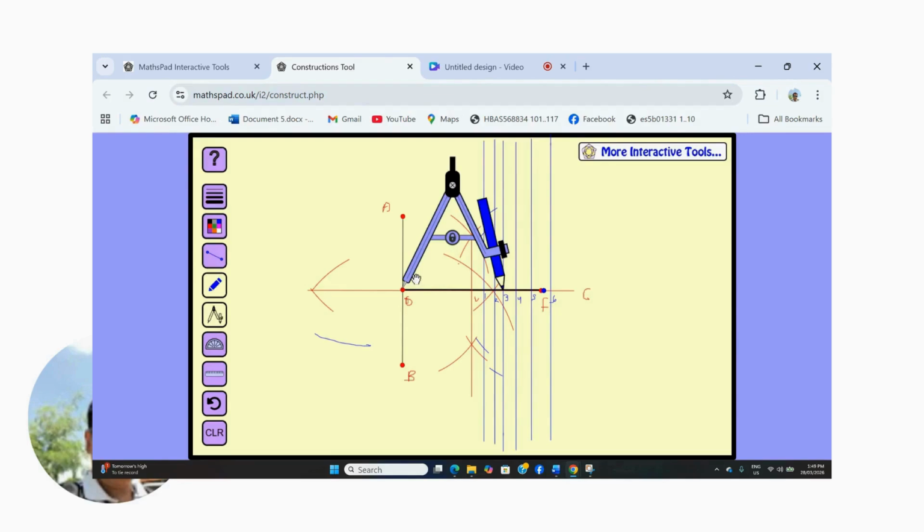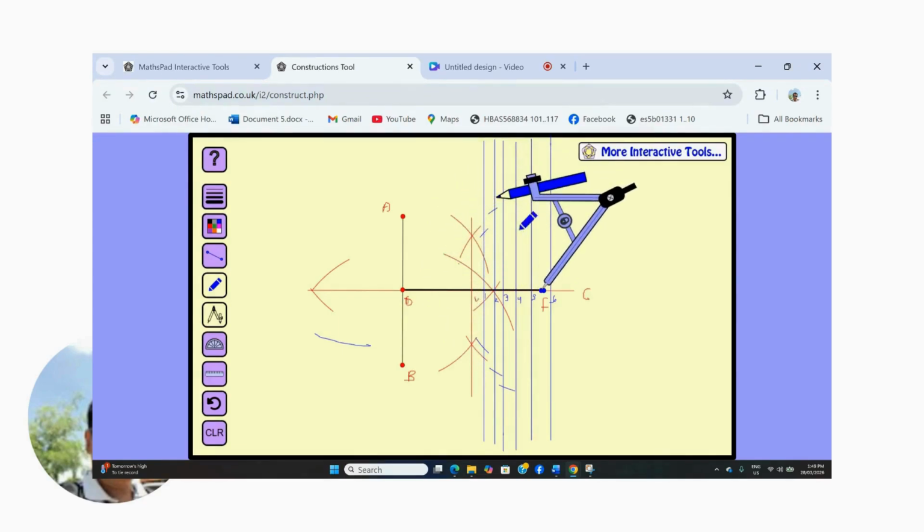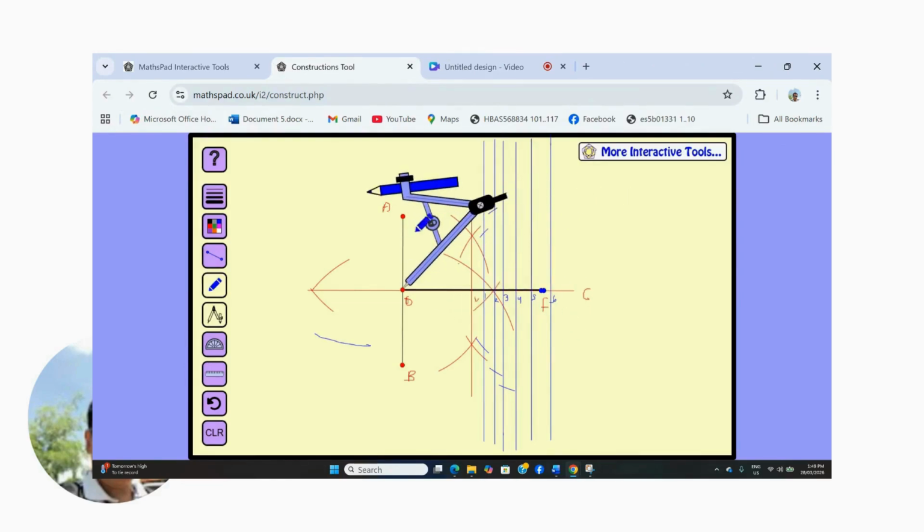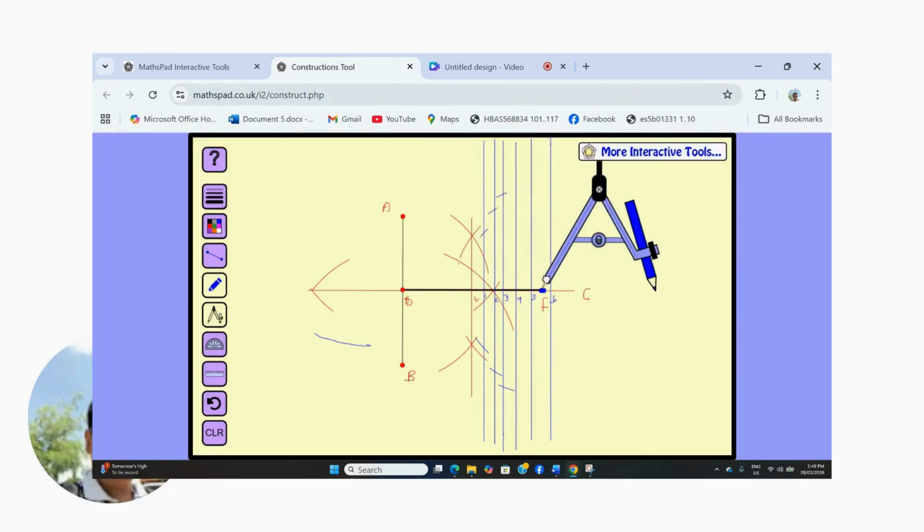Now O3 as a radius. Again F as a center. Now this arc intersects line 3. Now again O4 as a radius and F as a center.